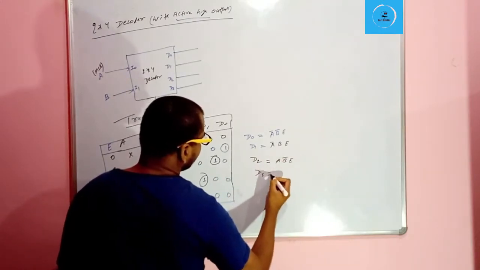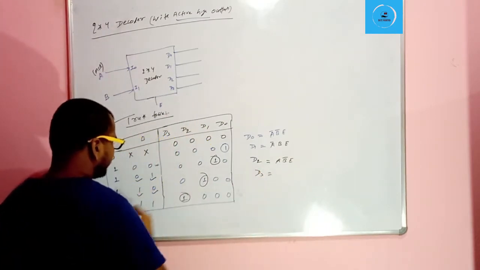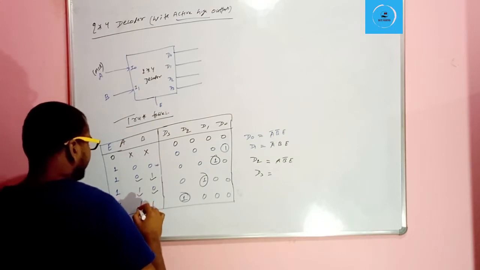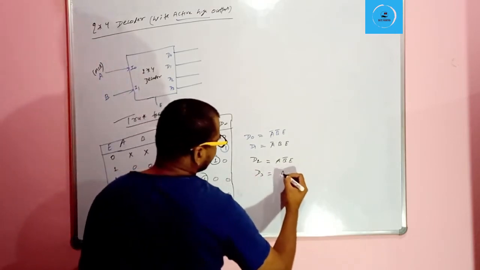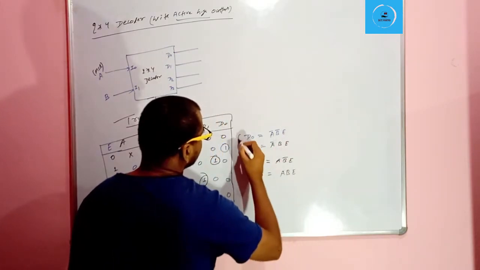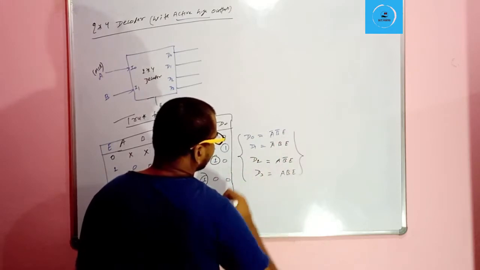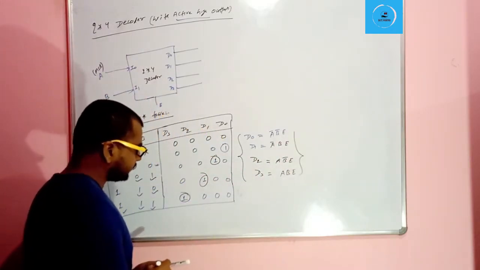Now D3 will be selected if our AB is equal to 11. So D3 will be A B E. So this is the Boolean logic expression of our outputs D0, D1, D2 and D3.